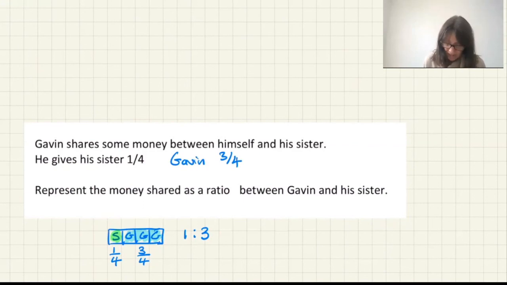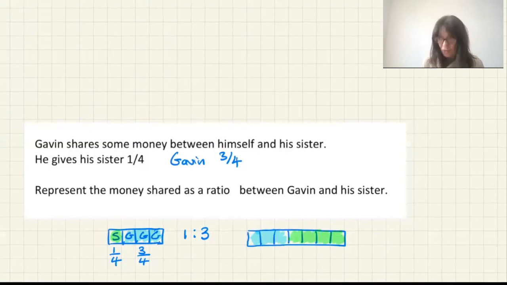So I'm just going to do a completely separate question. So hopefully 1, 2, 3, 4, 5, 7 sections there. So if I was to have 3 of those sections blue and 4 of those sections green, again, if we look at the fraction, I've got 3 out of 7 squares blue and 4 out of 7 squares green, and you can clearly see the ratio is 3:4.